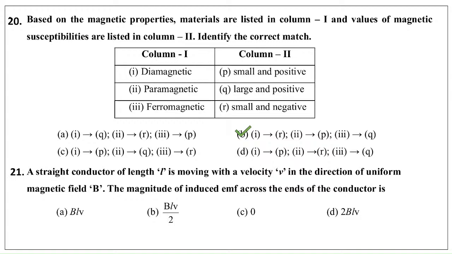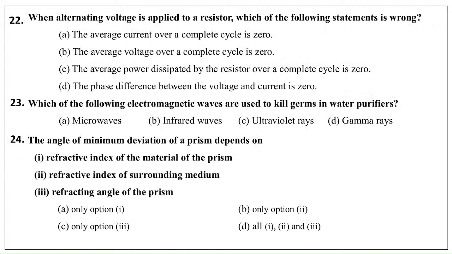Next. 21. A straight conductor of length L is moving with a velocity v in the direction of uniform magnetic field B. The magnitude of induced EMF across the ends of the conductor is. Answer is C. 0. Next. 22.